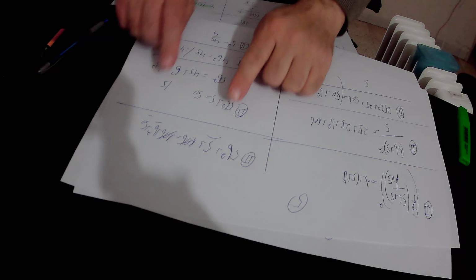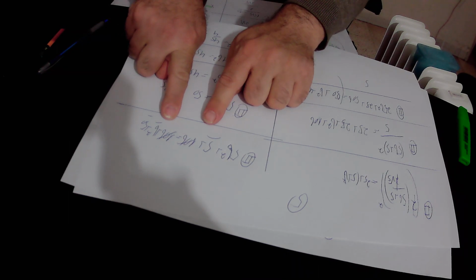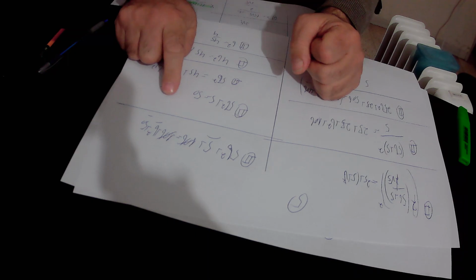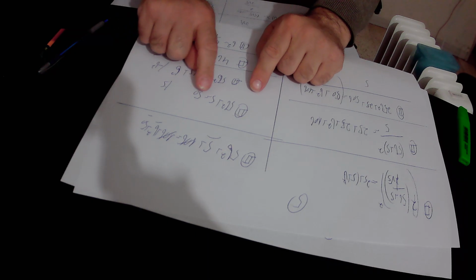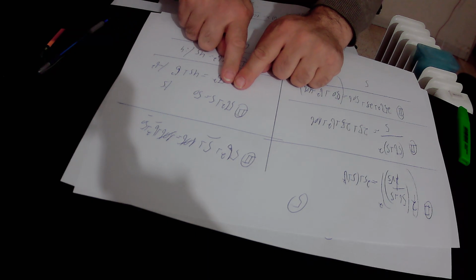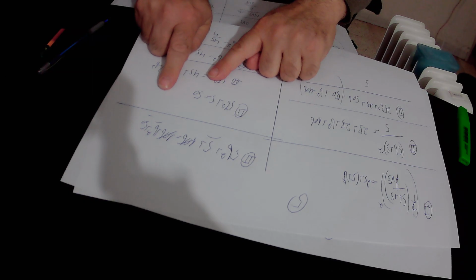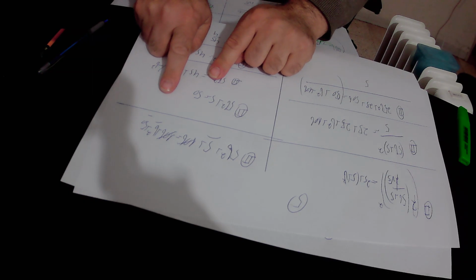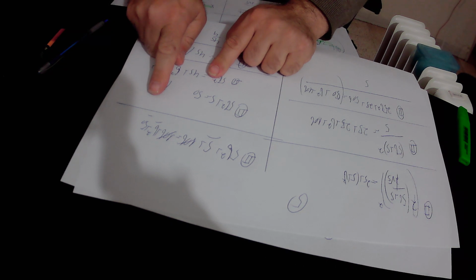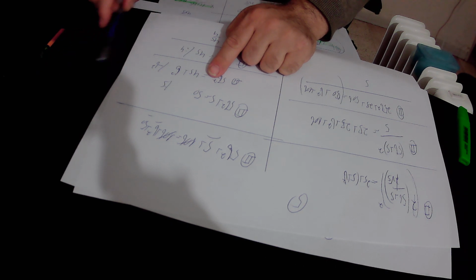So here we have 10b on both sides of the equation, so 10b will get cancelled. On this side of the equation we are left only with 5b squared plus 5. On the other side of the equation we are left with 50 plus b squared.